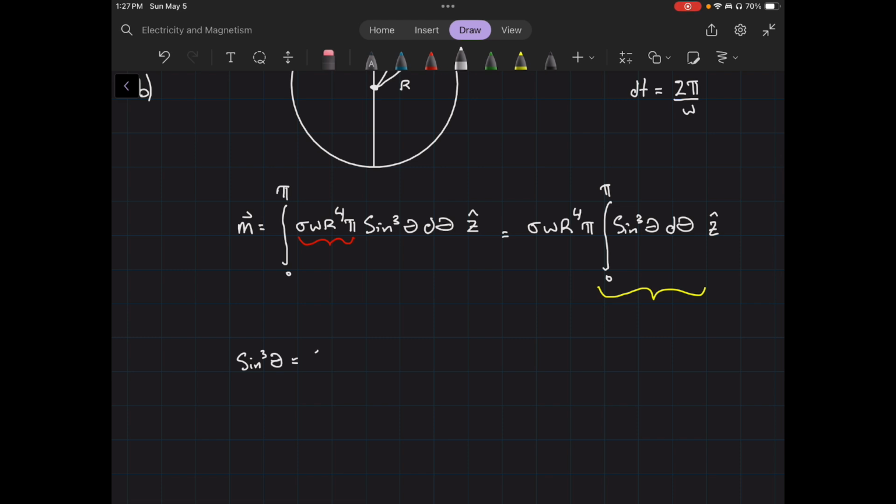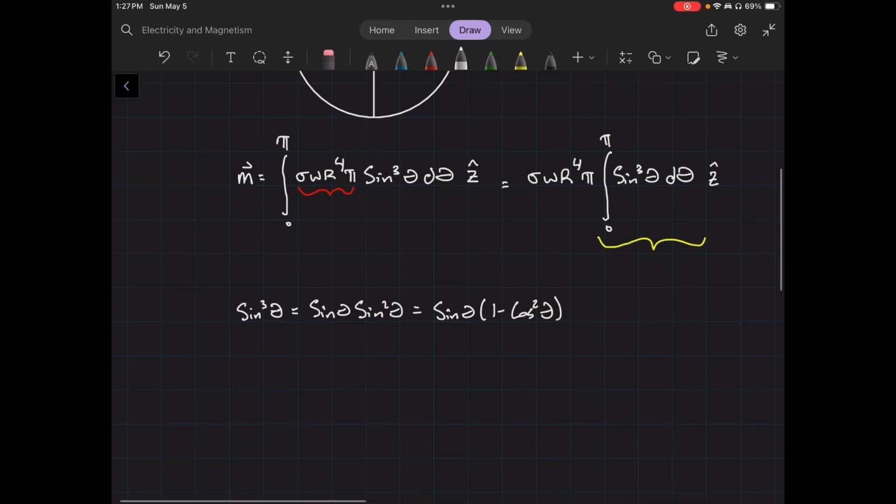So we know that sine cubed theta can be written as sine theta times sine squared theta, which can then be rewritten as sine theta times 1 minus cosine squared theta. And this is setting up a u substitution.